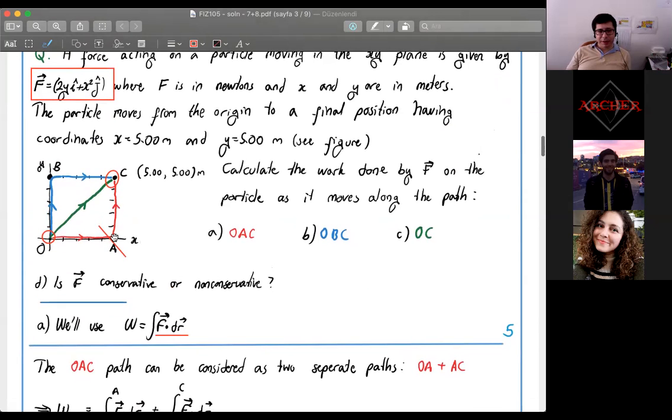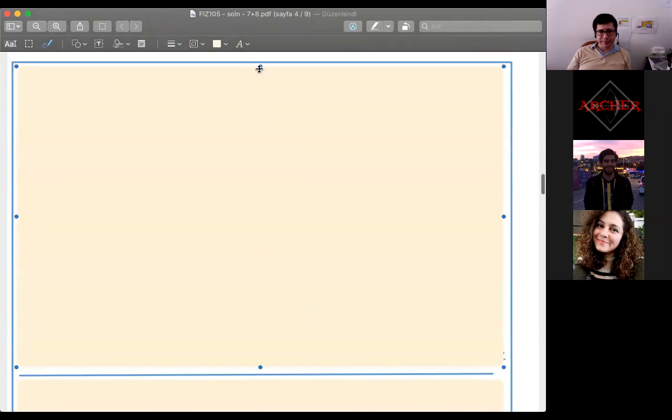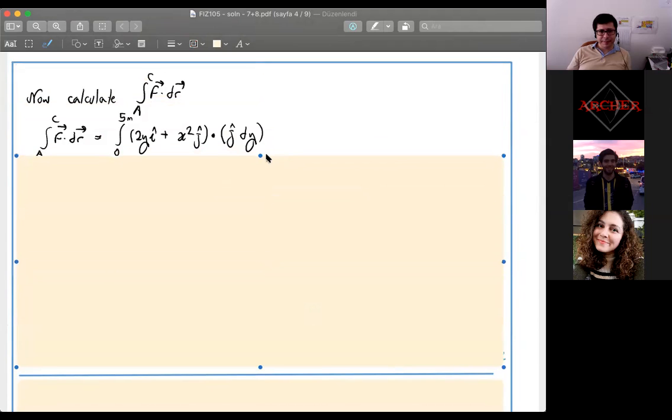Now the second part, A to C. Let's calculate. Here it is. In the vertical, 0 to 5 meters, j dy, okay? Now, j dot j will be 1, so that term survives.